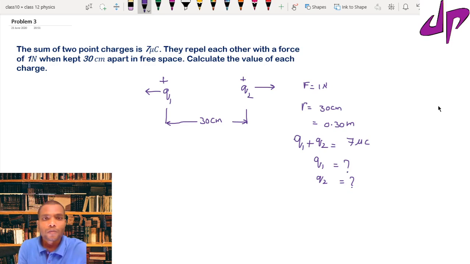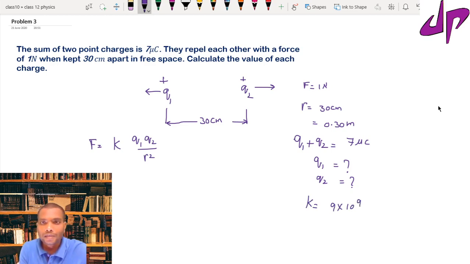By Coulomb's law, the force equals K times Q1 Q2 by R square. The value of K equals 9 times 10 power 9.